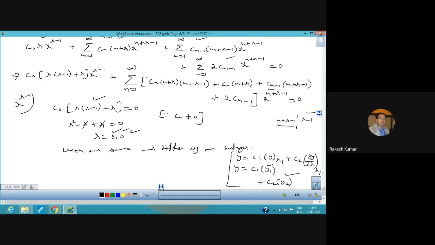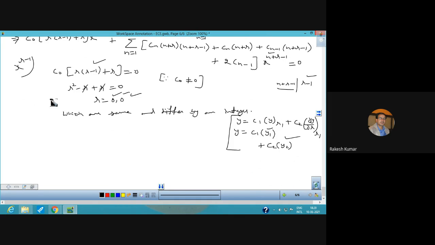So now from the indicial equation we have got the roots. Now we are to equate the general term. So equating to 0 the coefficient of a general term, we shall get by the Frobenius method.